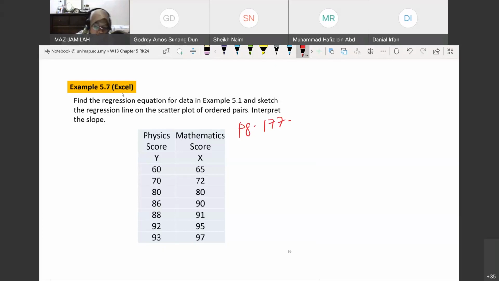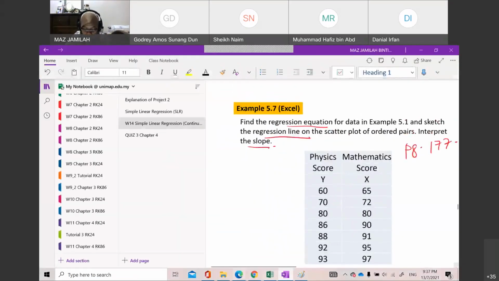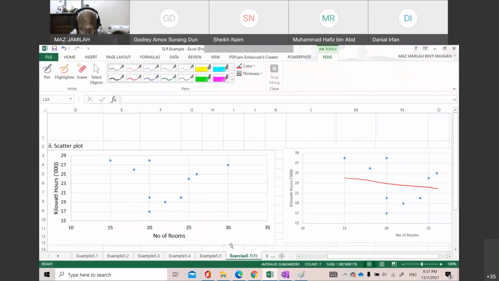Find the regression equation for the data in example 5.1 and sketch the regression line on the scatter plot of ordered pairs, and interpret the slope. Now, let us look at how we can do that using Excel. I'm not sure how many of you are still in my class. So let's go to example 5.7.